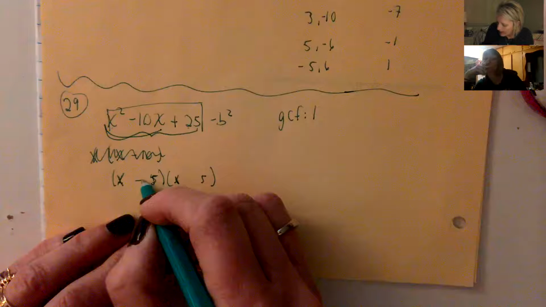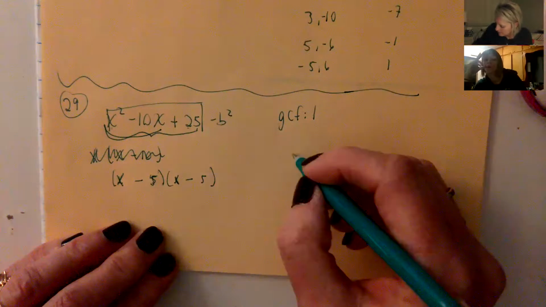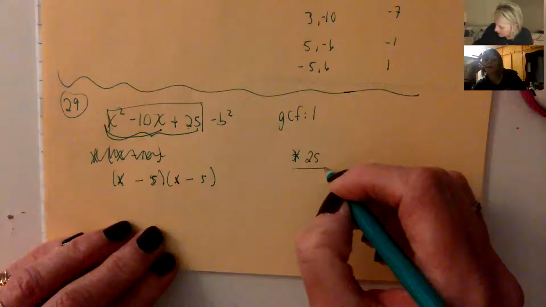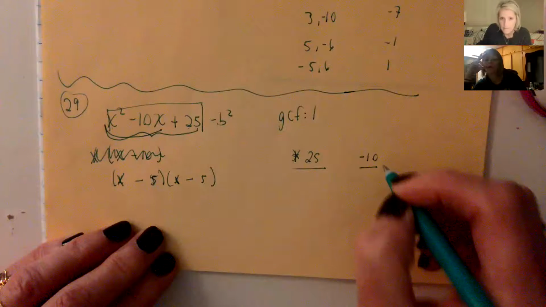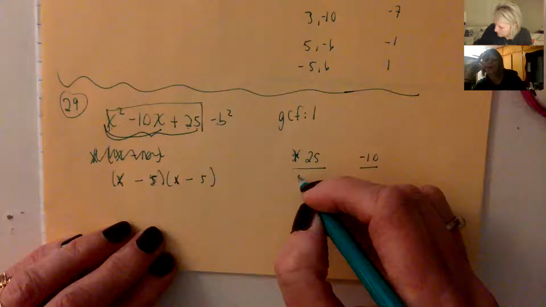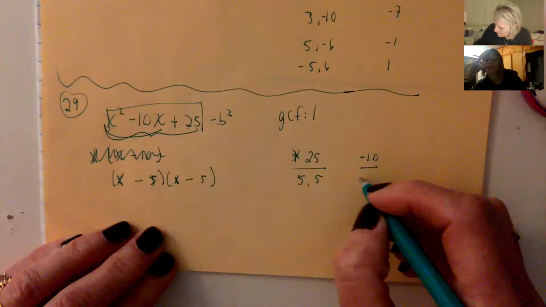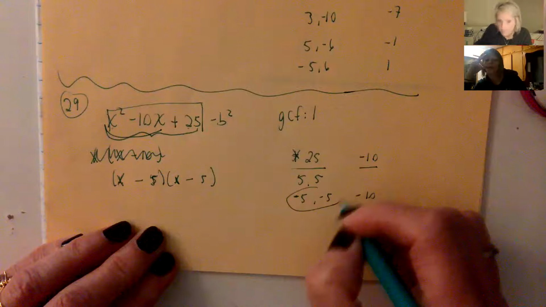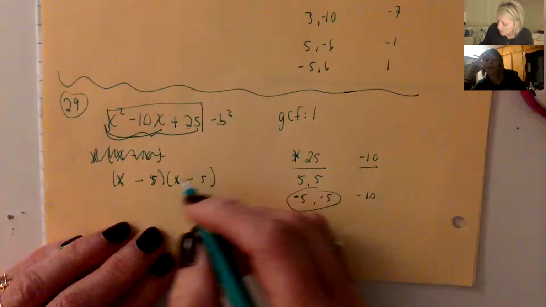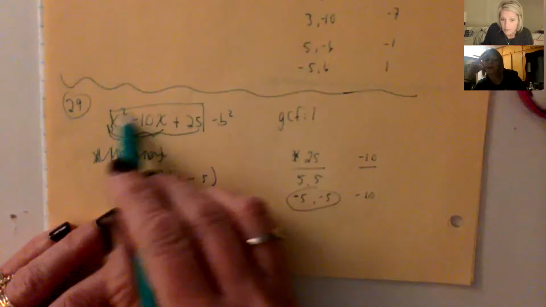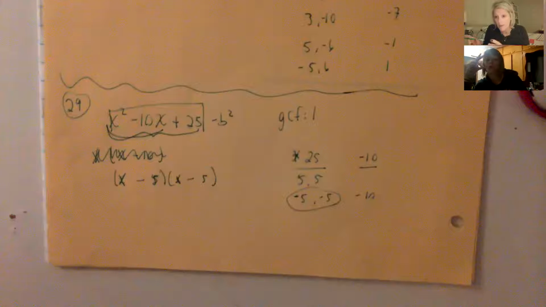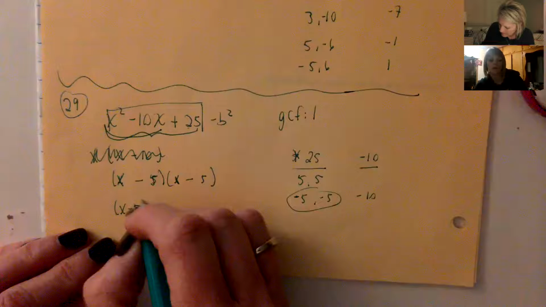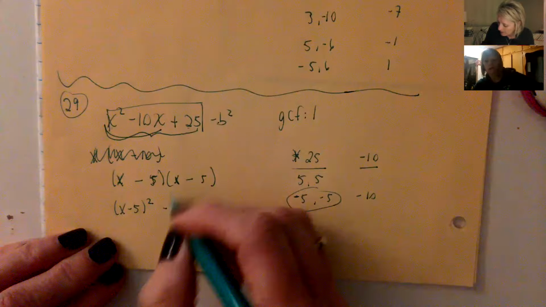And if they're negative, they add to make a 10x. So they multiply to make 25 and they add to make 10x: -5 and -5. So these first three terms are really an x minus 5 squared, right? A something squared, minus the b squared.